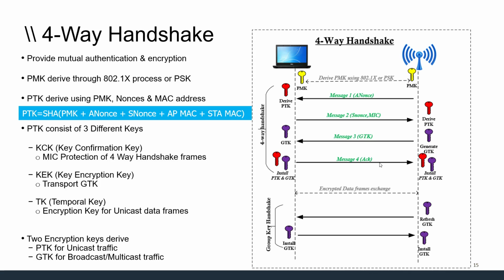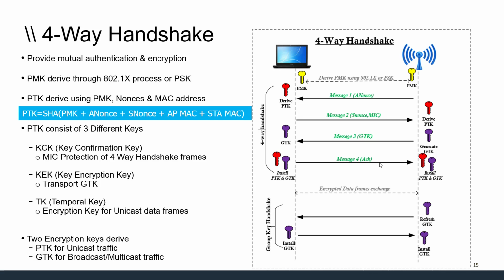Using the KCK, the supplicant generates the message integrity code. So in message number 2, you will see it includes a MIC value. That way, when this message goes to the AP or authenticator, he can validate that the message has not been tampered with, because the authenticator can calculate the PTK using the SNonce value, and then derive the KCK.